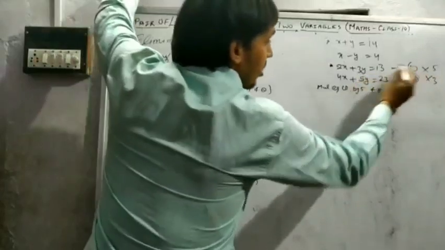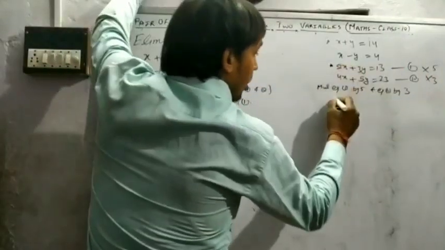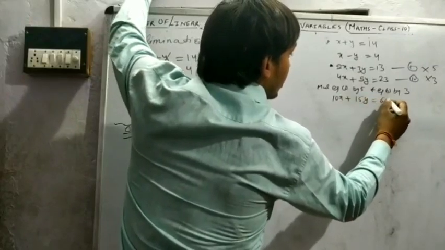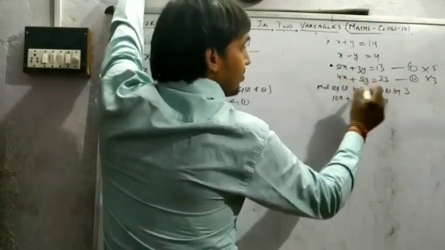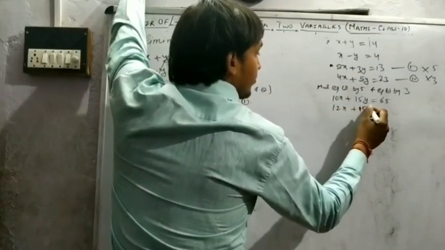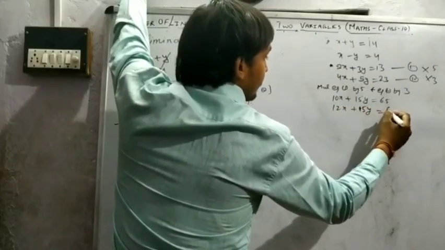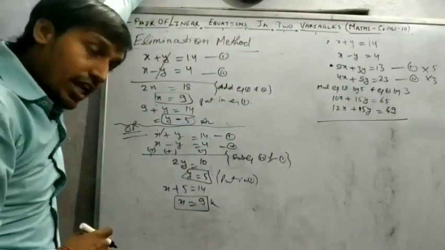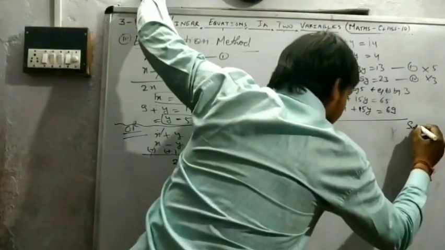So what do you get? Multiply the whole equation. 10x, 15y, 65. 5, 5, 5. 3, 3, 3. Then equal coefficients have the same sign, so subtract.